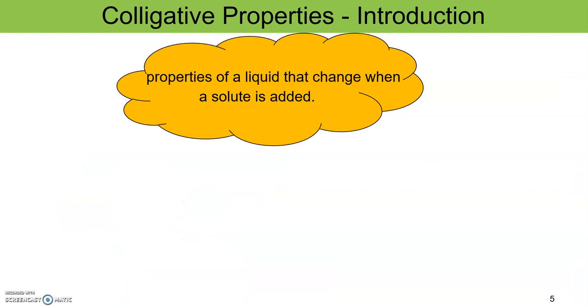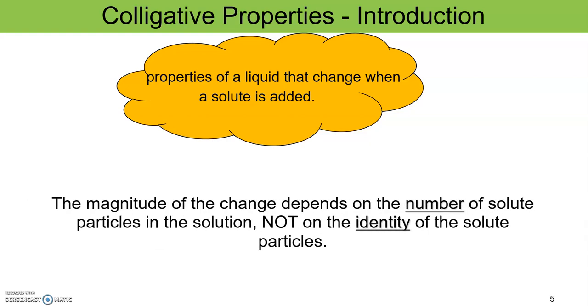So colligative property, in simple words, we can state as the properties of a liquid or a solution that change when a solute is added, where the magnitude of the change depends on the number of solute particles in the solution, not on the identity of the solute particle.